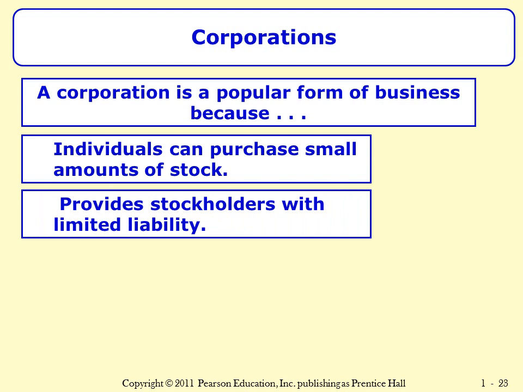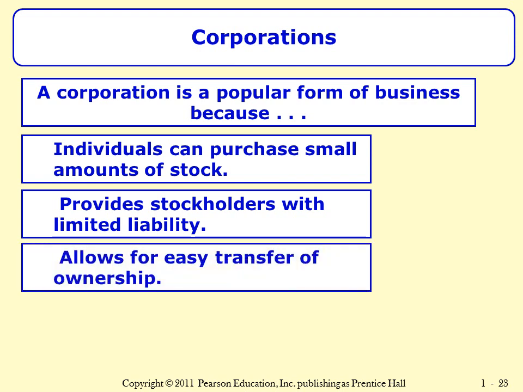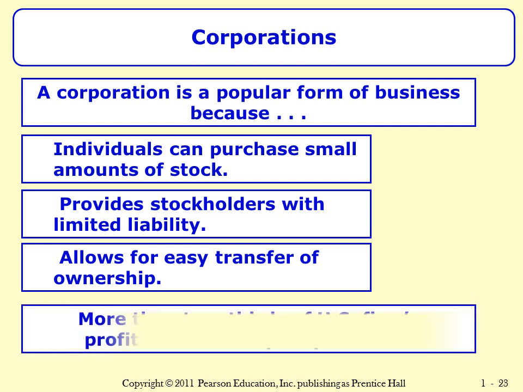The owners of the corporation are separate legal entities from the corporation itself. So the owners, the shareholders of the company, in most cases, are not personally liable for any mistakes or misdeeds of the corporation. Ownership interest in a corporation can be transferred more easily than an ownership interest in a partnership or a sole proprietorship.